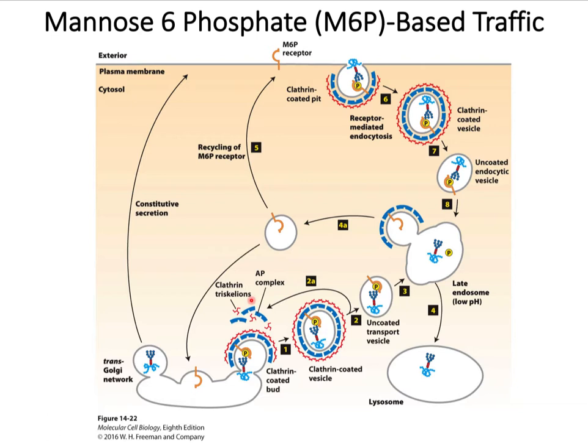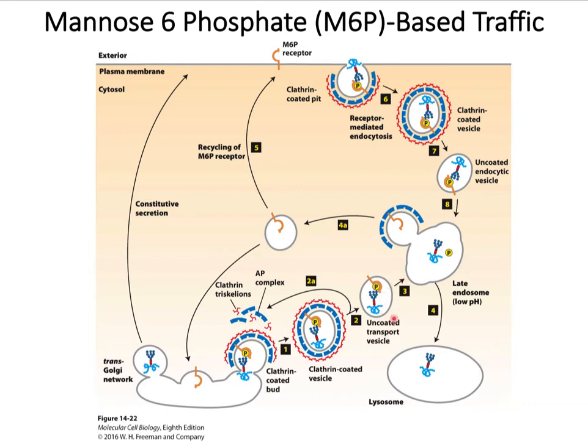But at this point, it is safe to say that this bud forms, it has a clathrin coat, a protein coat on it, and there is a mannose 6-phosphate receptor bound to the lysosomal hydrolase, and it gets caught up in this vesicle. So then the vesicle buds from the Golgi apparatus to form a clathrin-coated vesicle, and the vesicle becomes uncoated.